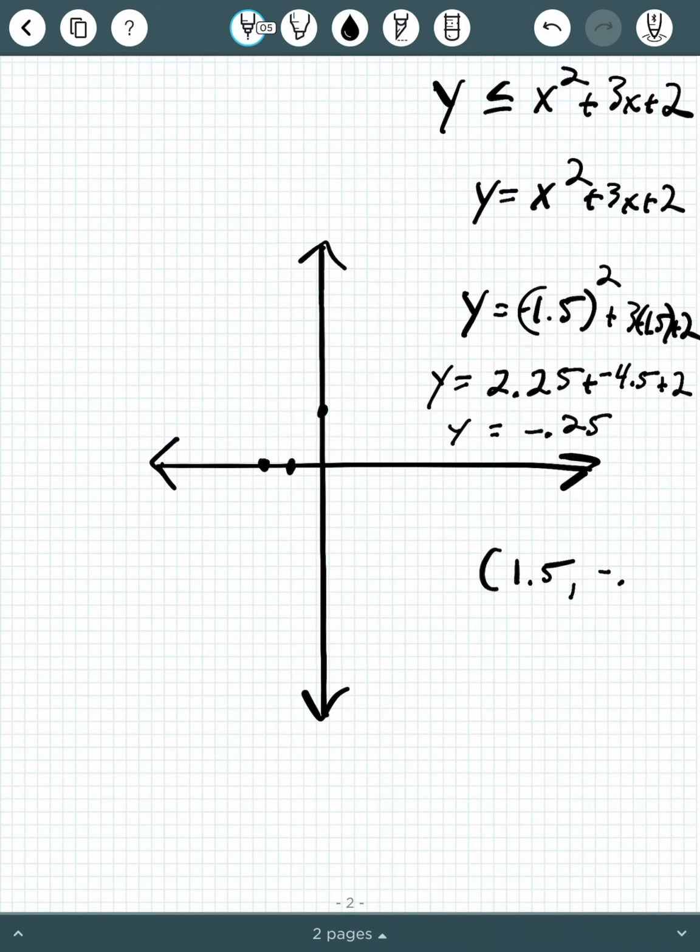So when x was -1.5, y is -0.25, that's our vertex. That's going to sit right in here. And just like that, we've got enough to sketch our parabola.